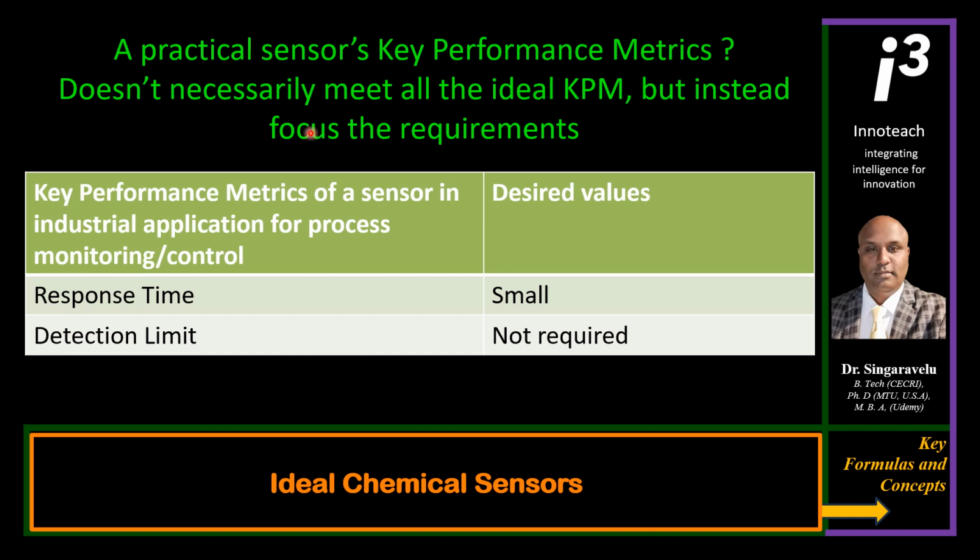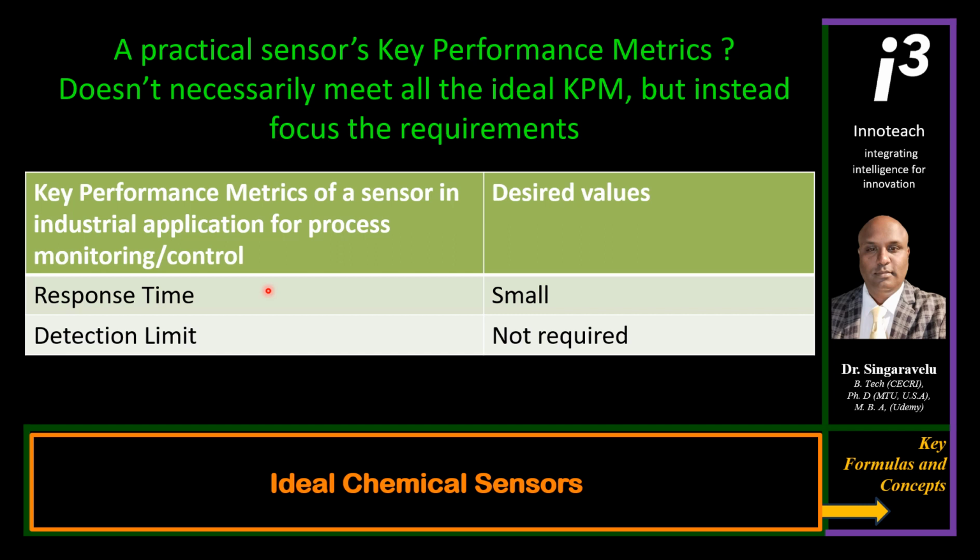No, not necessarily. In a practical sensor, you don't need to meet all the requirements of an ideal sensor, but instead focus on the requirements that matter. For example, consider a sensor deployed in an industrial application to control or monitor a process, wherein the chemical concentrations in the reactor would be much higher than sub parts per billion or parts per million.